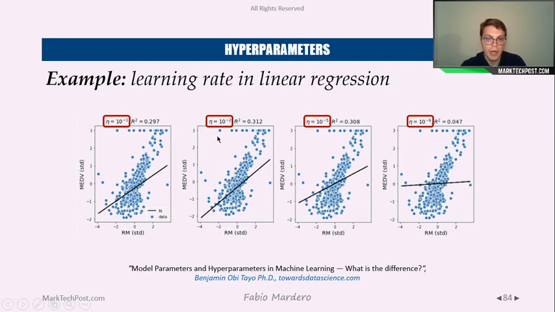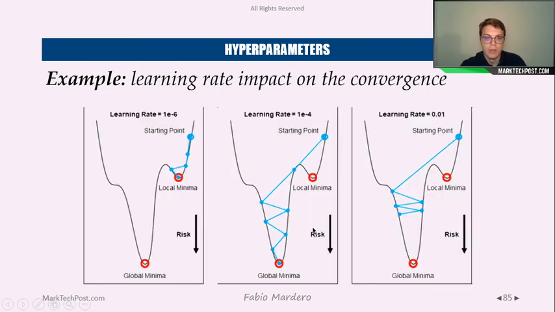We have to find a better learning rate here. For example, the learning rate is very important because if it's too low, so the steps are very close one to each other, then the optimization algorithm could stop on a local minimum.